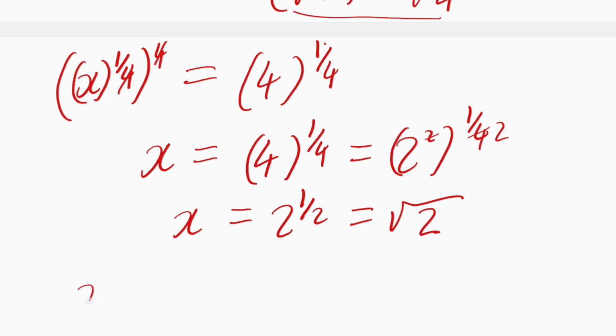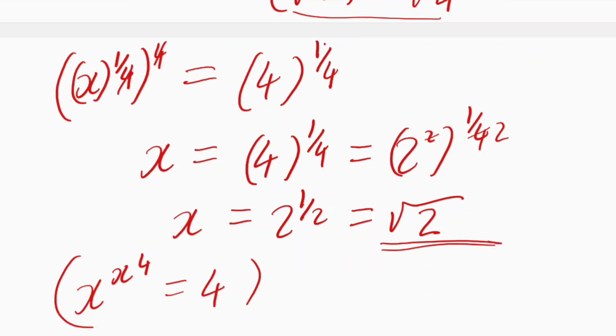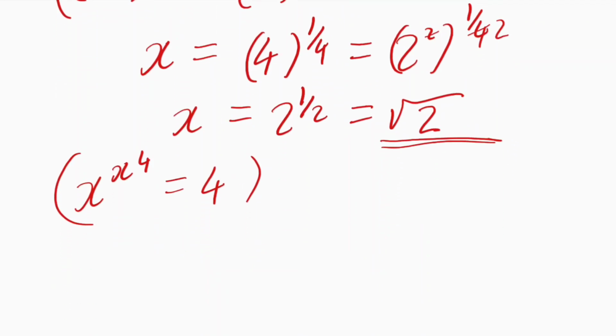Looking at this from the first equation, which was x to the power x to the power 4 is equal to 4, and our answer of x equal to the square root of 2, we can test this.